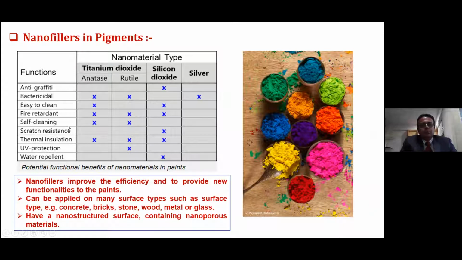Amrita was also presenting some applications of fillers used for antibacterial purposes. So nanofillers improve efficiency and functionality.